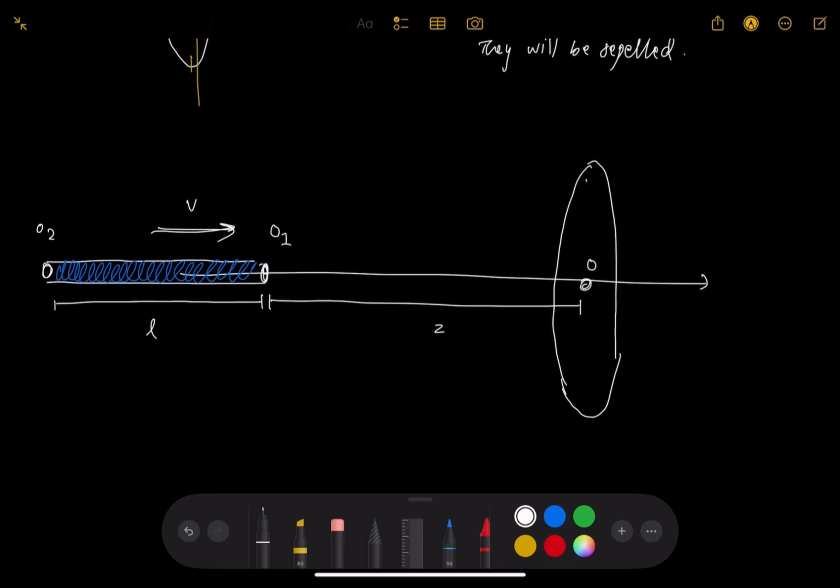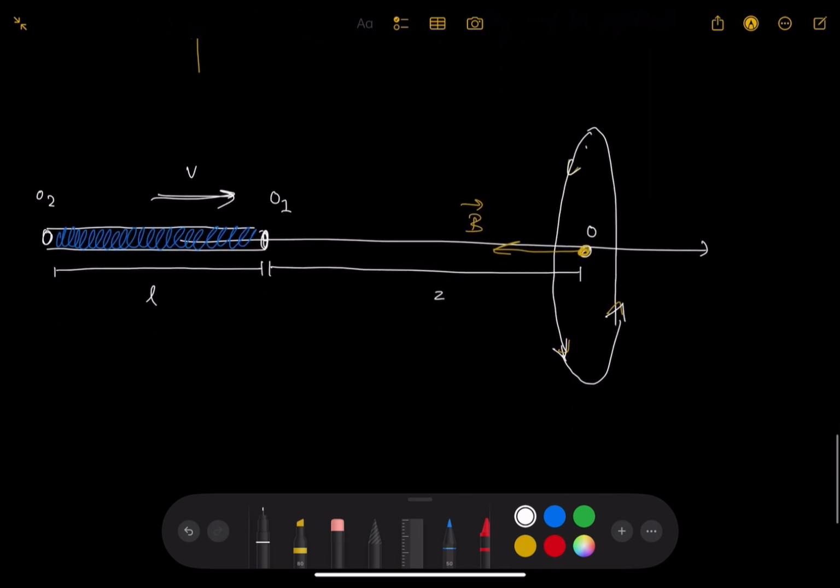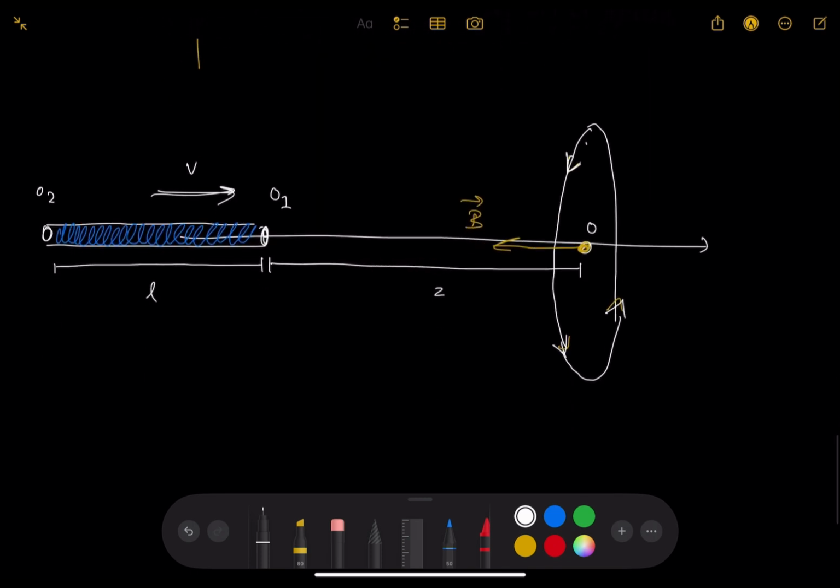So then, if the flux increases, in order to decrease the flux, the current is going to have to flow in this sense so that it has its own magnetic field B, in order to reverse that increase in flux, right? So that is going to be the direction of current. That's basically just a speculation. If things come out to be negative, we're going to have to assume the opposite as well, right?